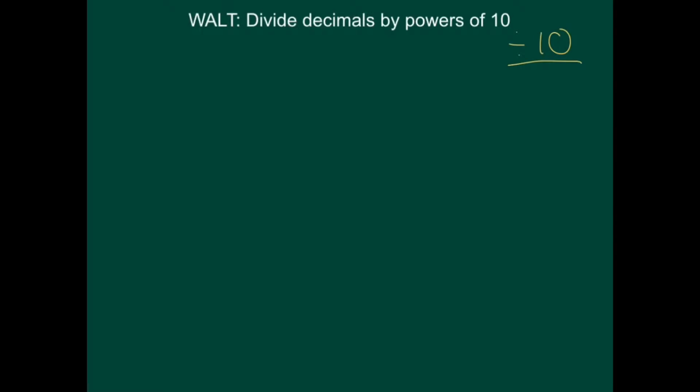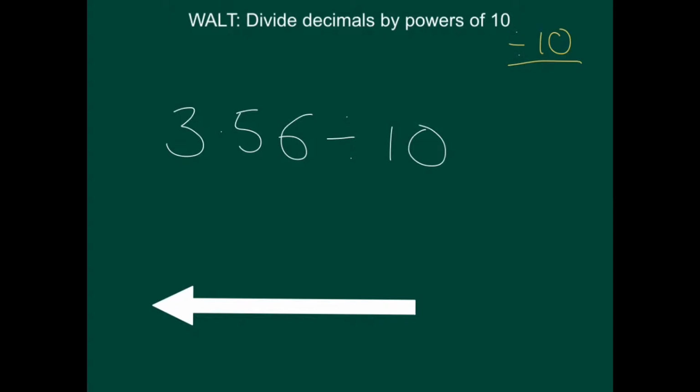Okay, our first example we're going to look at is the number 3.56 divided by 10. Now, because we are dividing by 10, what we need to do is move our decimal place this time to the left. So we're not moving it to the right, we're going to move it over this way.